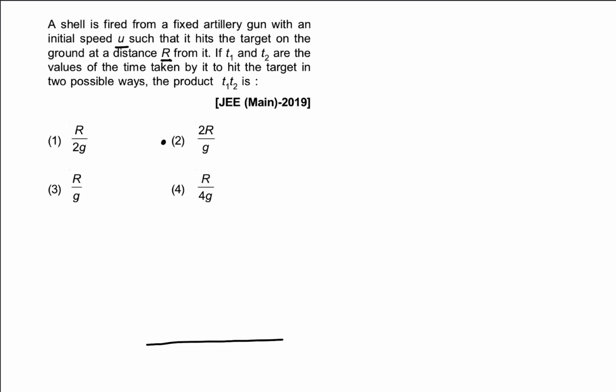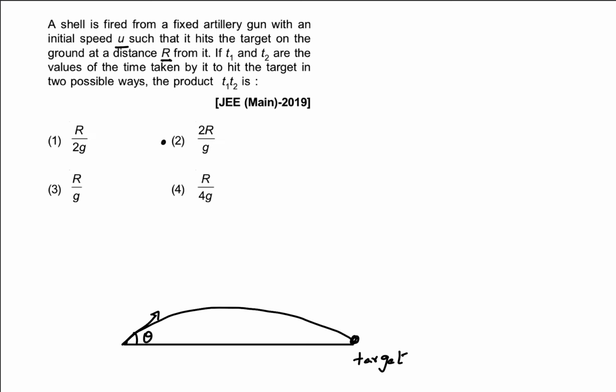Observe this carefully. According to the question, the target is fixed here. This is my target. I am projecting a particle with different angles. One angle like this is theta, with the same velocity, and at another angle I have projected with the same velocity.